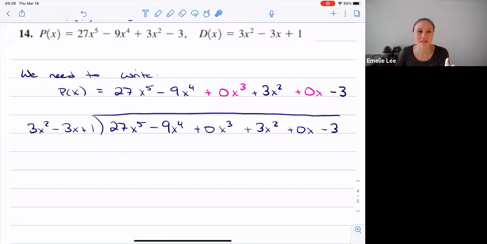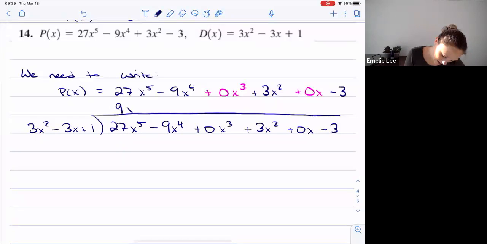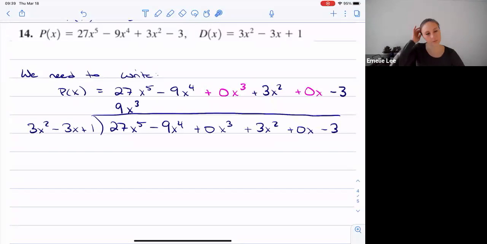So it'll be kind of in my head, but just remember 27x to the 5 divided by 3x squared. So working with those exponents, I know I end up with an x to the 3, but 27 divided by 3 is 9. So then 9x to the 3, right? 5 minus 2.